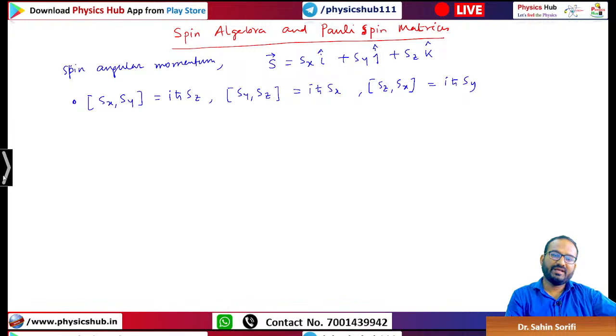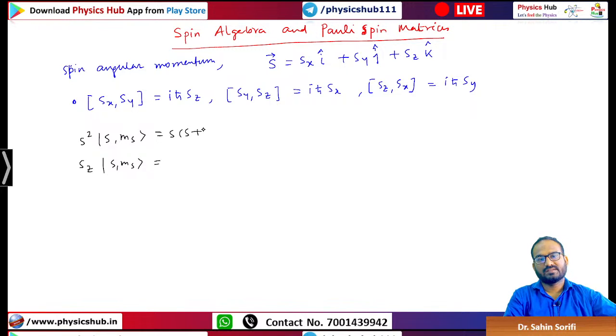So the way L square and Lz had eigenvalues, L into L plus 1 h cut square and M h cut, here also S square and Sz will have a joint eigenstate of S, MS. Previously it was JM or L, ML, now it is S, MS. So spin quantum number and spin magnetic quantum number, S into S plus 1 h cut square.